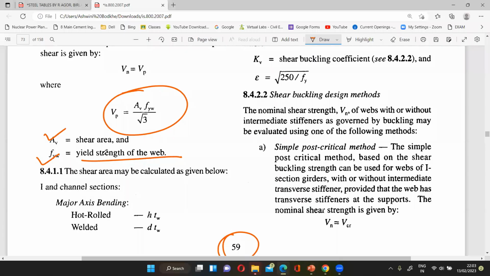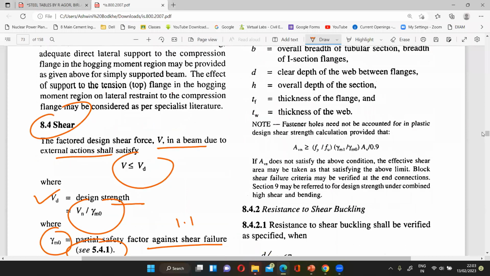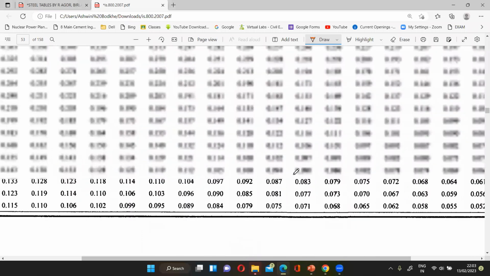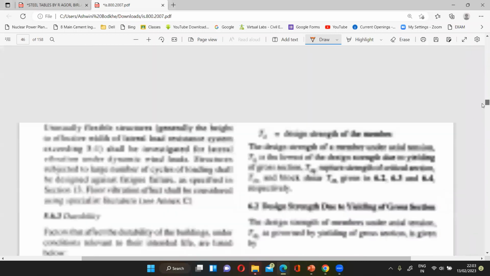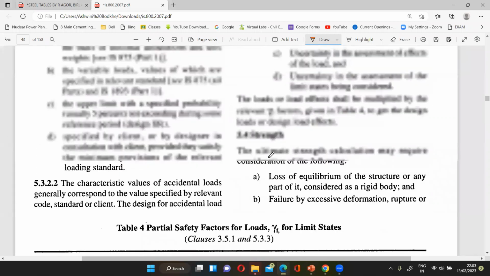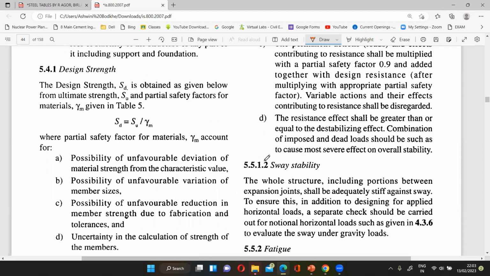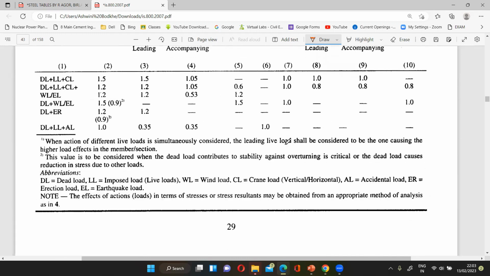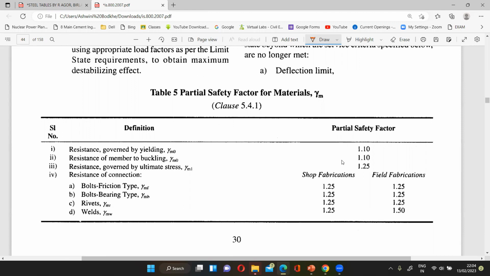Next, clause number 5.4.1, on page number 30.